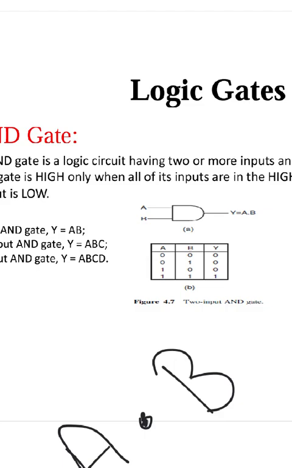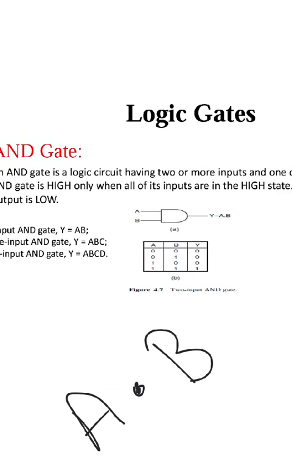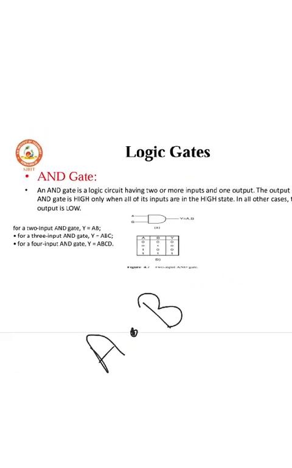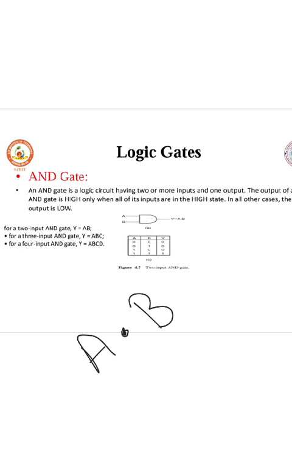A and B are the inputs which are given, and Y is the output. An AND gate is a logic circuit having two or more input bits and one output bit. The output of an AND gate is high only when all of the inputs are high. In other cases, the output will be low.